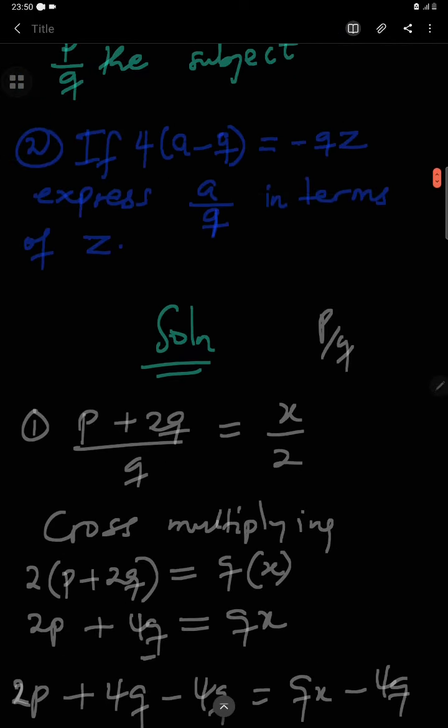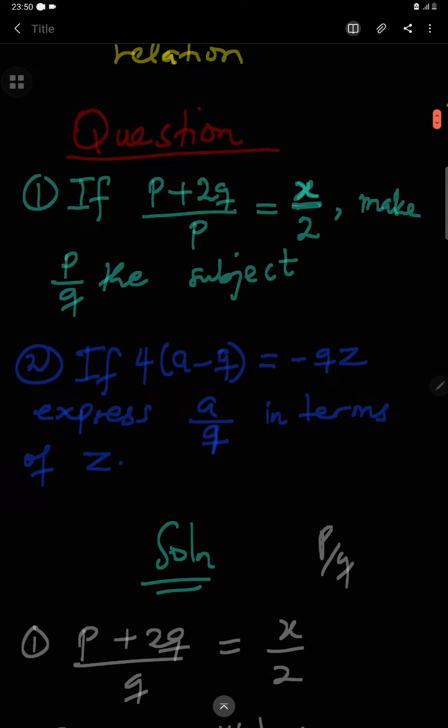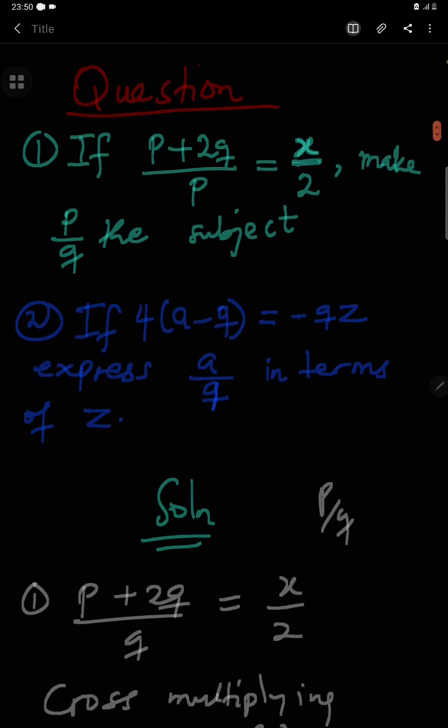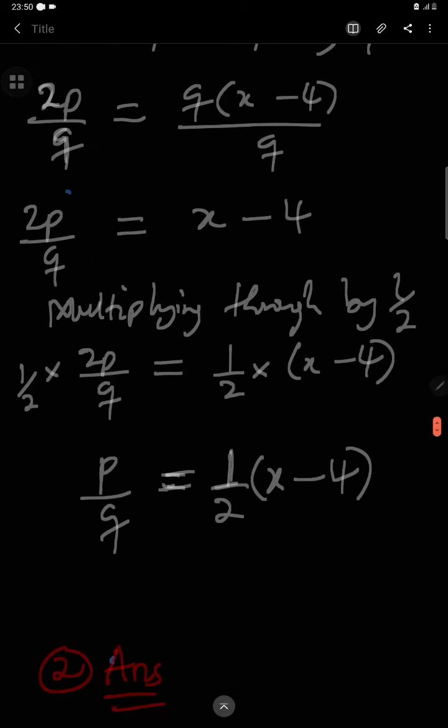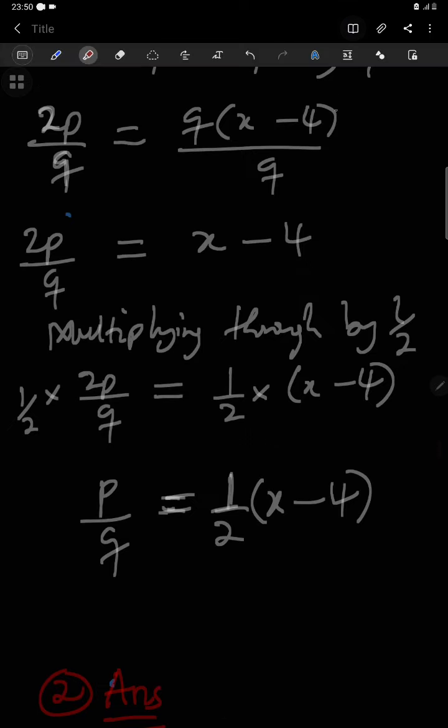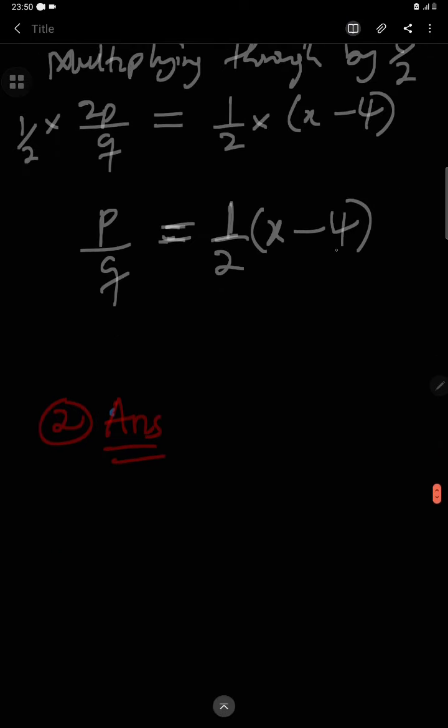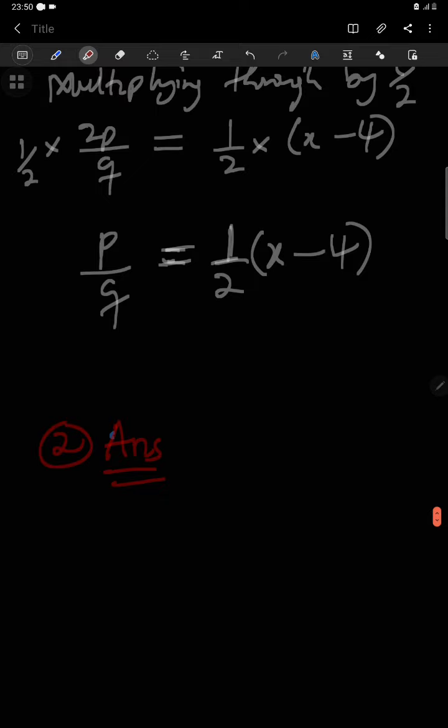They want us to express A over Q in terms of Z. We have three letters here: A, Q, and Z. Expressing A over Q in terms of Z is the same as asking you to make A over Q the subject. When you work it out, you should get this.